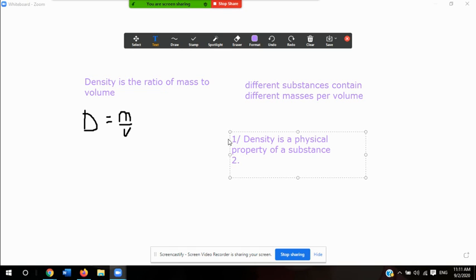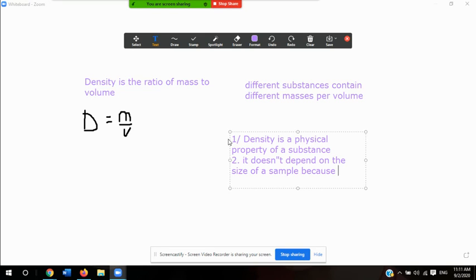Okay, so density doesn't depend on the size of a sample.